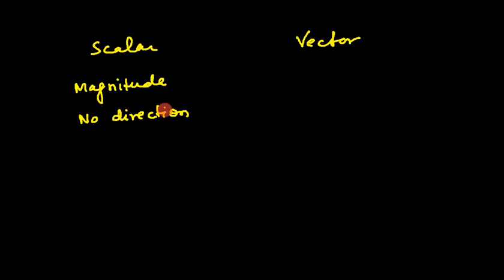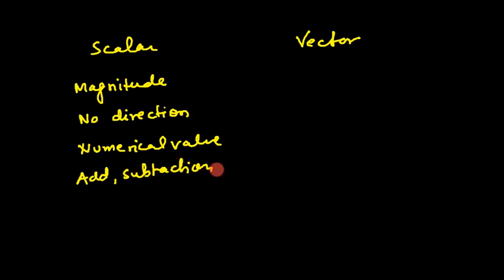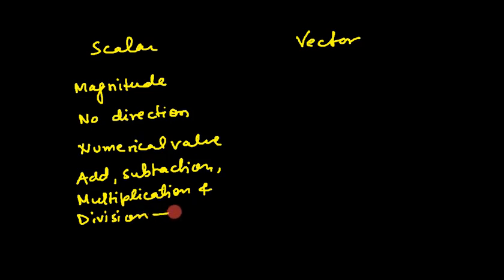Examples of scalar quantities are mass, length, energy, temperature, speed, etc. The magnitude or size of a scalar quantity is a numerical value, and you need simple algebra for addition, subtraction, multiplication, and division.